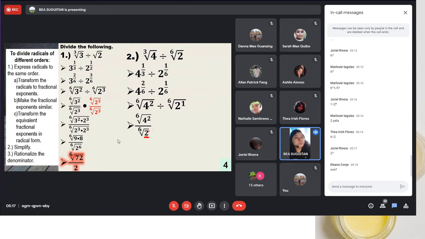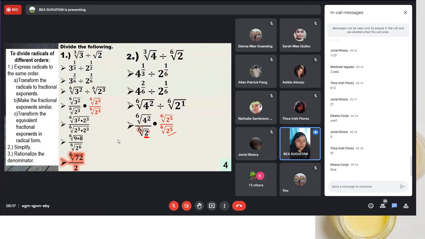So, if we have 1 as our exponent of 2, ibig sabihin, meron daw tayong isang 2. Ilang 2 pa ang kailangan natin para makabuo tayo ng 6 na 2. Meron na tayong isa. Ilan pa ang kailangan? 5. Tama po. So, we are going to multiply that to 2 raised to 5. Pwede nyo pong gawin na technique ito kapag nahihirapan kayo mag-isip. Okay?